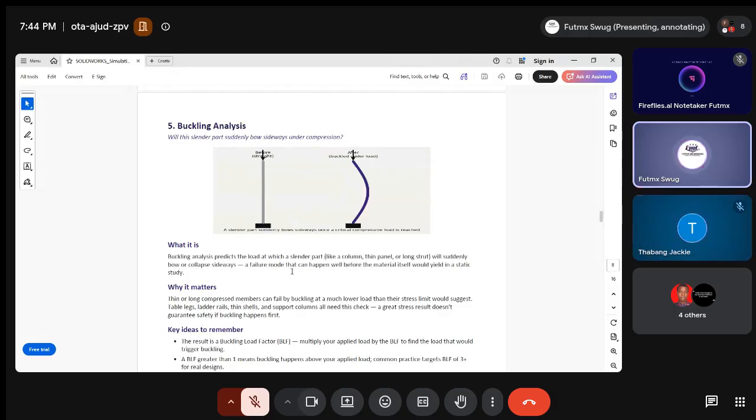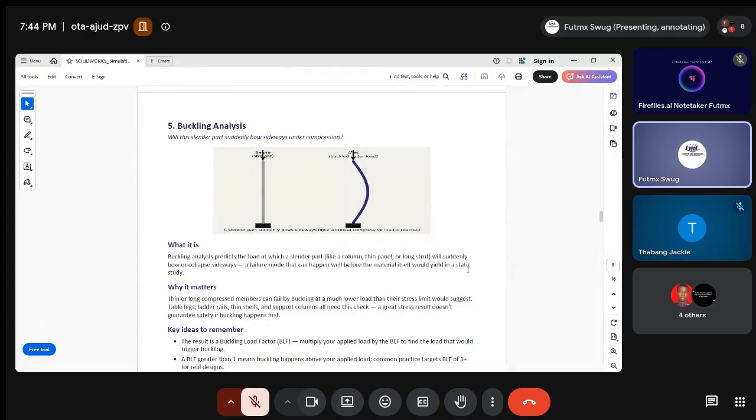It is a failure mode that can happen well before the material itself would yield in a static study. So at times you may ask, what's the difference between a static study and a buckling analysis?